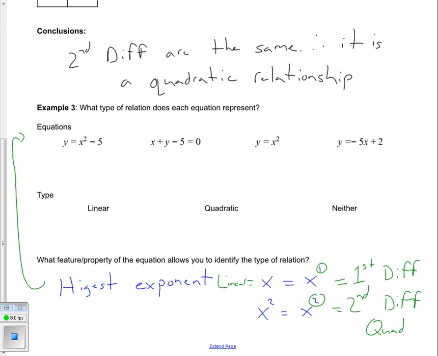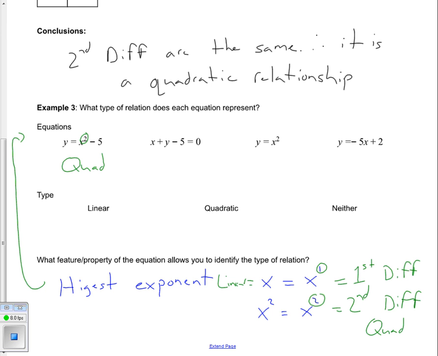So if we are going to determine whether or not these four examples here are linear or quadratic, we have to figure out, well, what's the highest exponent? Okay, and so in the first example, where we have y is equal to x squared minus 5, the highest exponent is actually 2. Okay, and because of that, this is therefore a quadratic relationship.